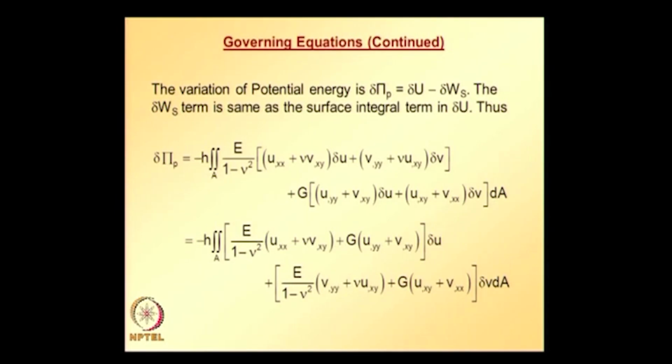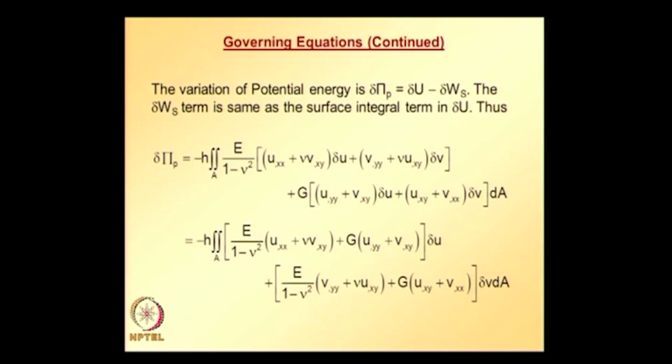So, the only way is that the integrand in the first integral, except the variation of u, is equal to 0, and the integrand in the second integral, except the variation of v, is equal to 0.